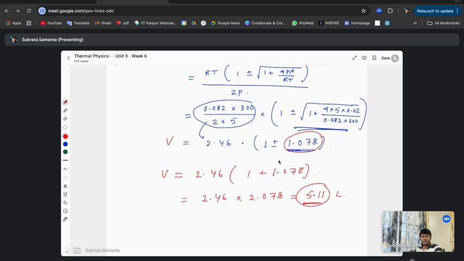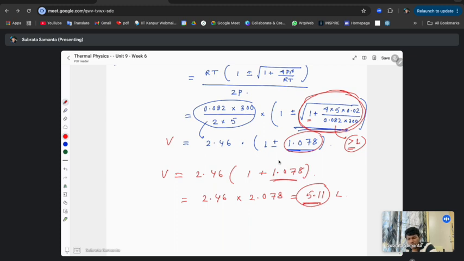Now you can ask the question: it can have a value less than 1, then which sign do I choose? If you look at this, it is basically 1 plus some number, so this is always greater than 1. I marked it with the red color.